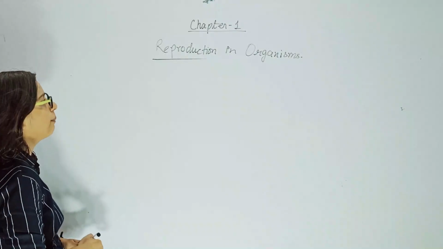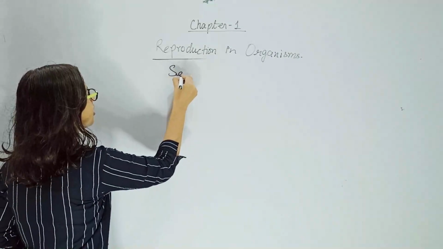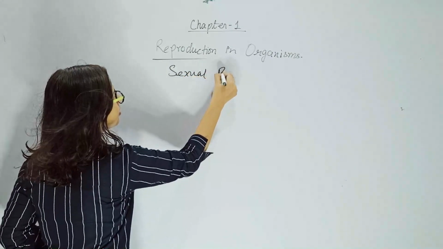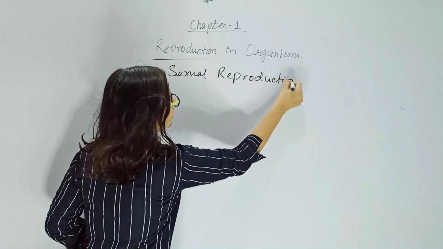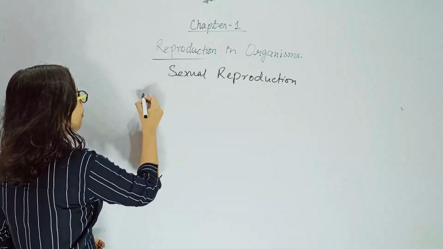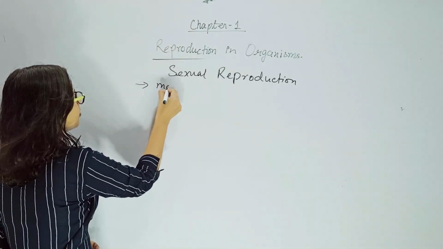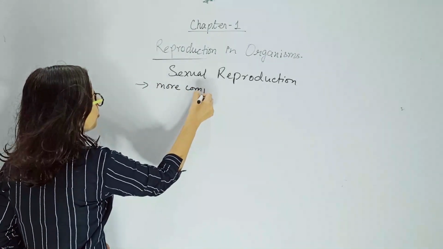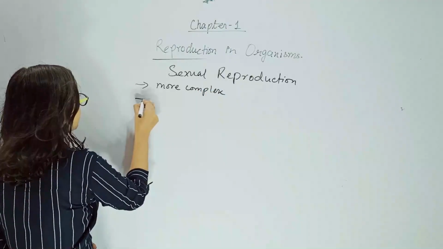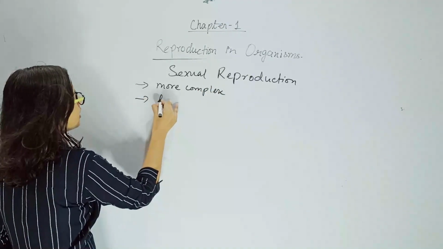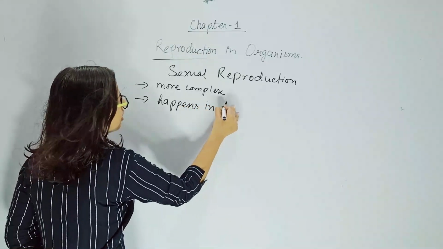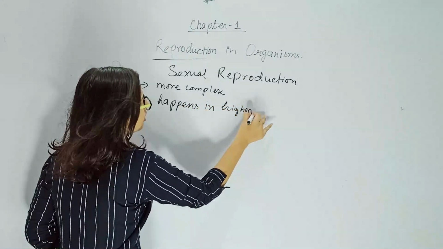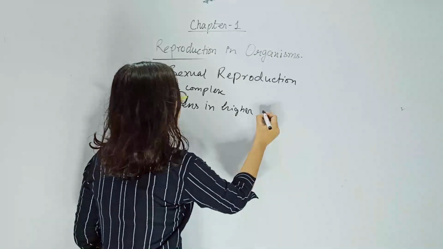It is more complex than asexual reproduction, and hence it happens in higher eukaryotic organisms.